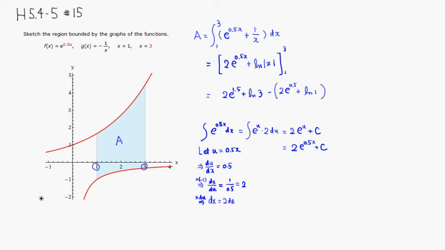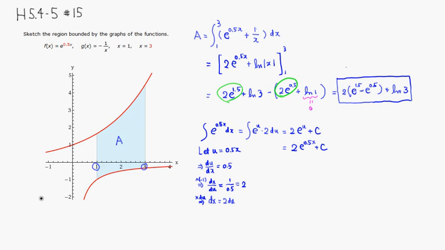Remember that the natural log of 1 is 0. So I'm just going to put these together and pull out the 2. So 2 times e to the 1.5 minus e to the 0.5, then plus natural log of 3. It doesn't look pretty, but hopefully this is the correct answer.